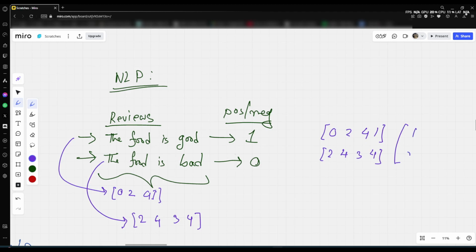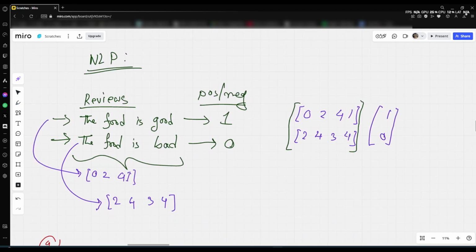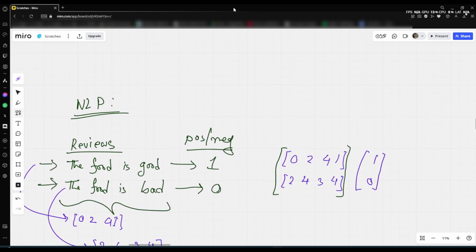This is 1 0, and here we can use another bracket. So this is our model.